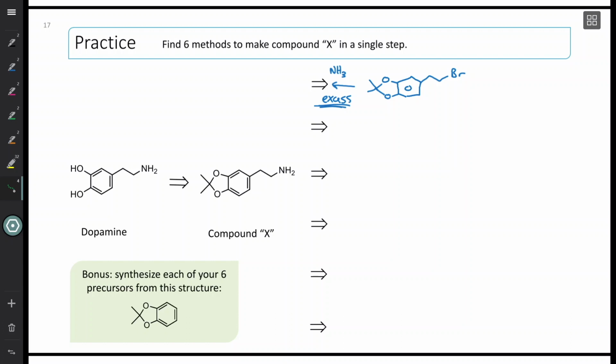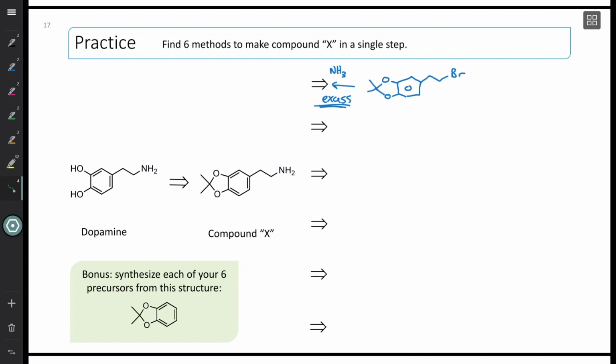So this is how this exercise goes, right? Find 5 other reagents and the conditions to make the amines. And bonus, try to make all the reagents that you came up with from this structure.